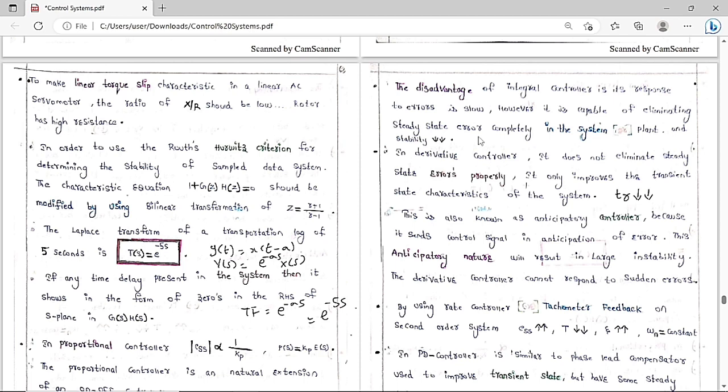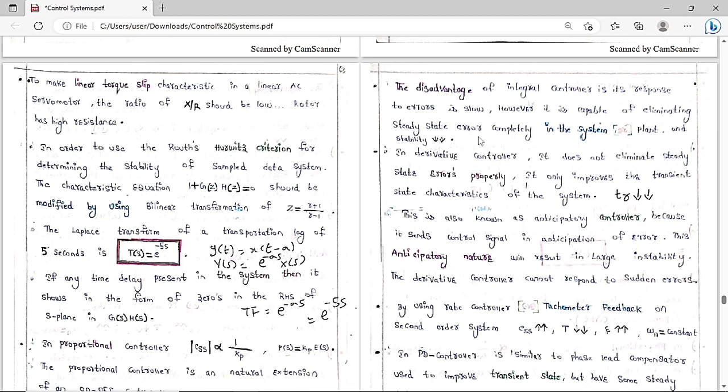These are some of the important points regarding the derivative controller. This derivative controller is also called the anticipatory controller because it sends the control signal in anticipation of the error. This anticipatory nature will result in large instability.